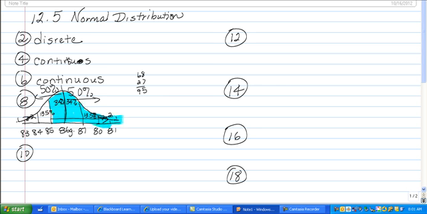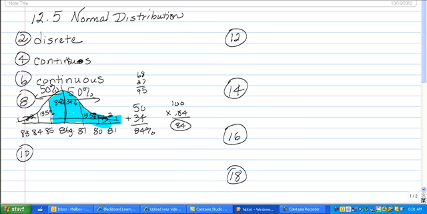Okay, so that's what we're looking at. So 50 plus the 34 gives us 84%. So we have 100 students times 0.84 is going to give us approximately 84 students.